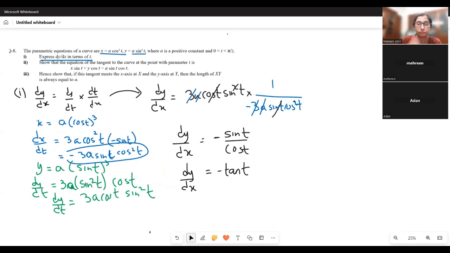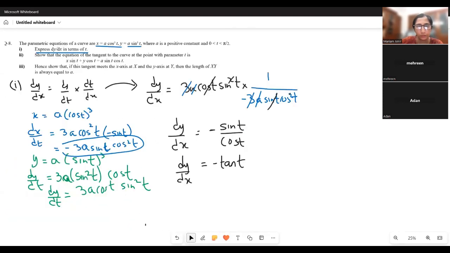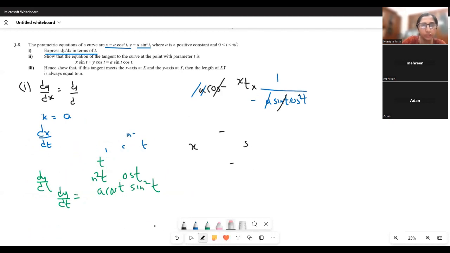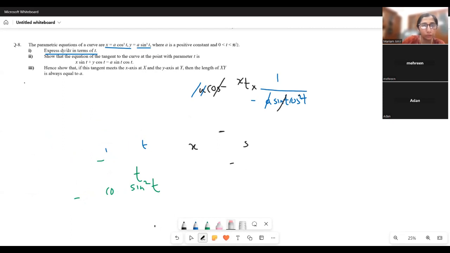Part 2. Let me just clear this. Show that the equation of tangent to the curve at the point with parameter t is this. All right.